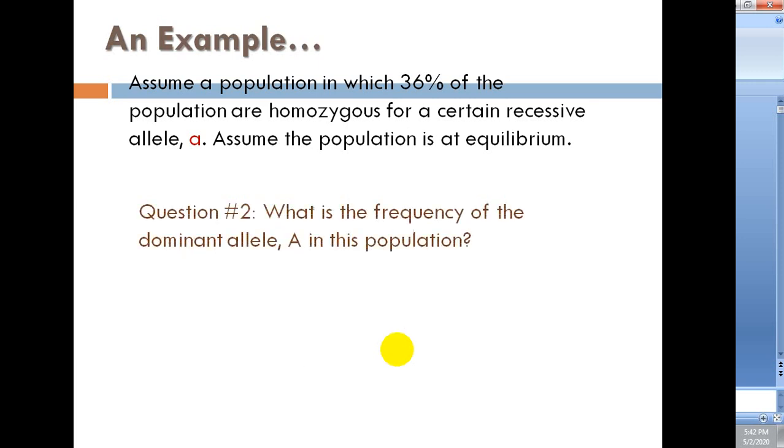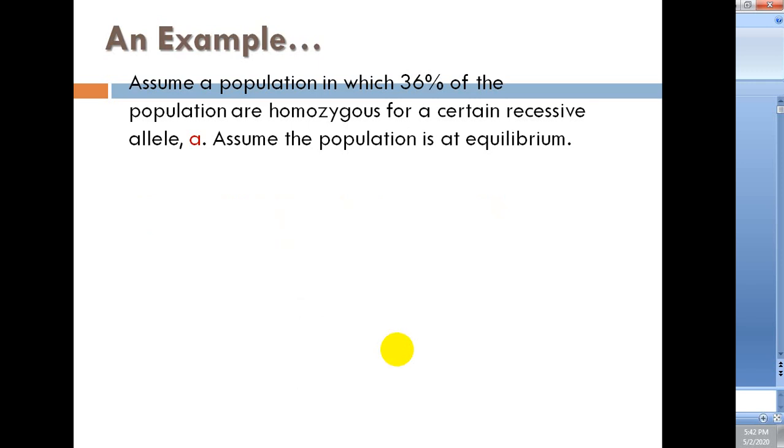Now, what is the frequency of the dominant allele? As per this HW principle, p plus q is equal to 1. So if q is 0.6, p will be 1 minus 0.6, that is 0.4.